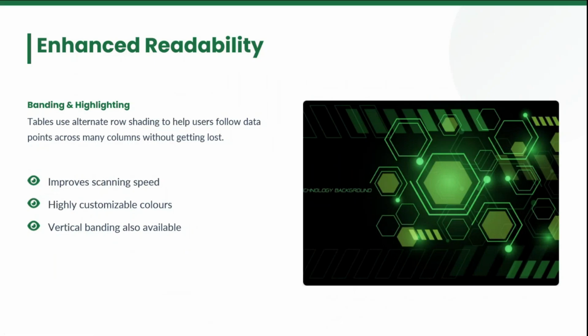So tables also enhance readability. Banding and highlighting: tables use alternate row shading to help us as the users follow data points across many columns without getting lost. If you're looking at a big data set, it also improves scanning speed.